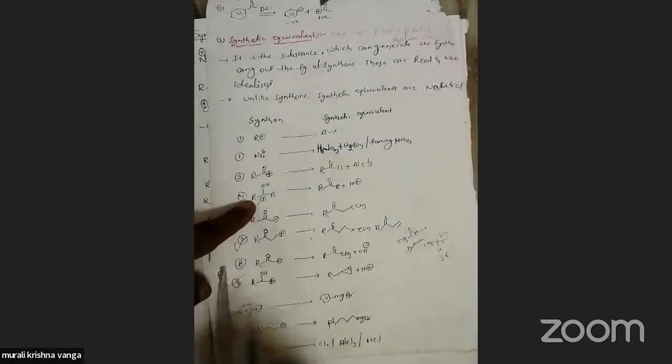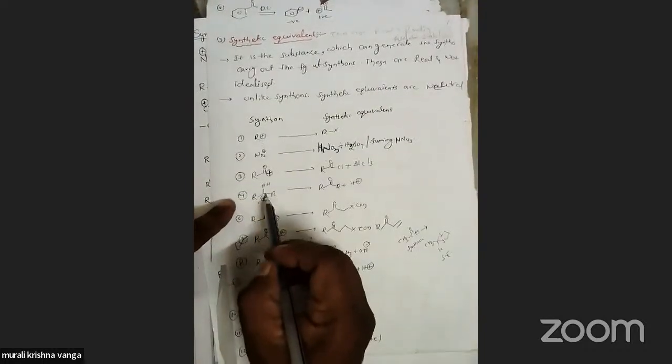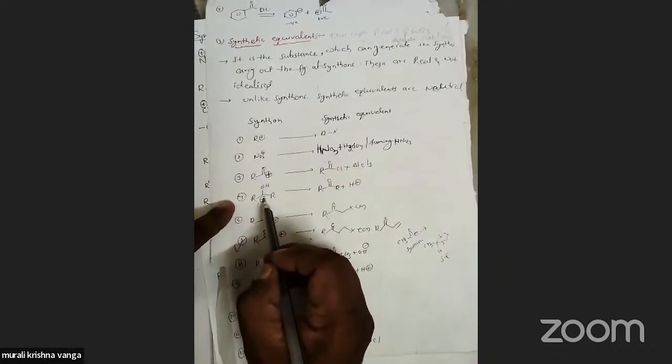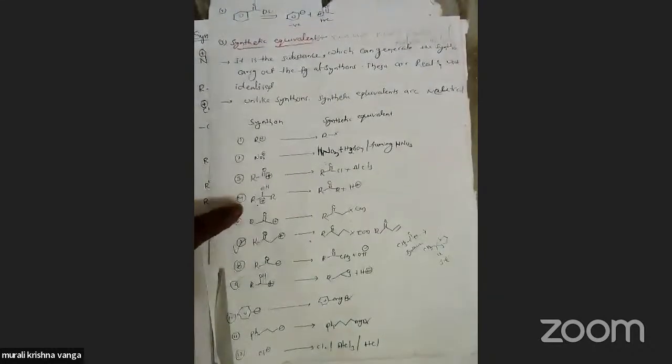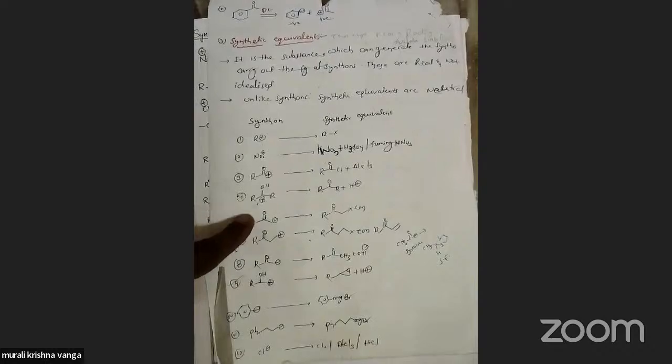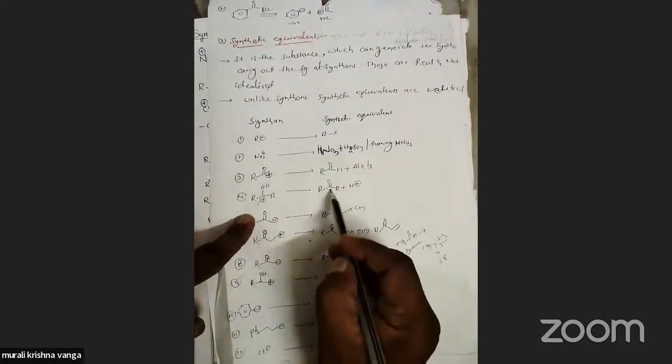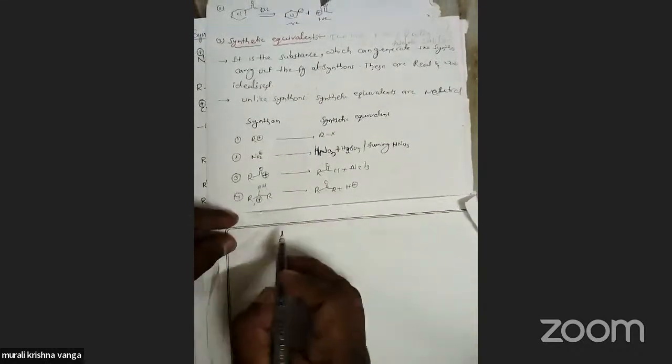Here I have taken a hydroxy group attached to carbon, with a positive charge. That is the synthon, and this is the synthetic equivalent.